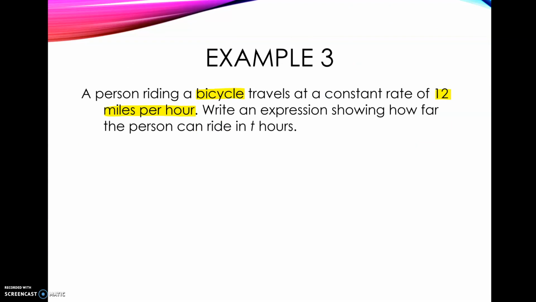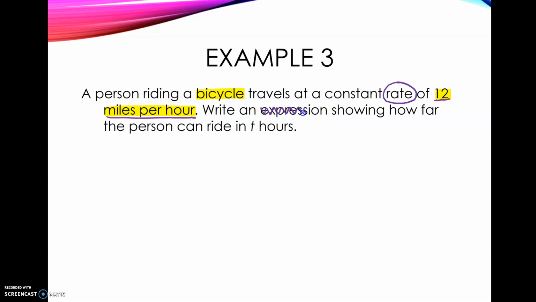Example 3, I don't quite know why the word bicycle is highlighted, but apparently bicycle is an important word. Maybe. A person riding a bicycle travels at a constant rate of 12 miles per hour. I see the word rate. Write an expression.